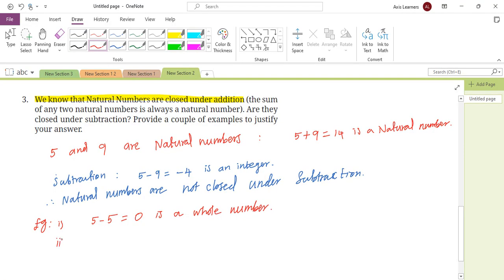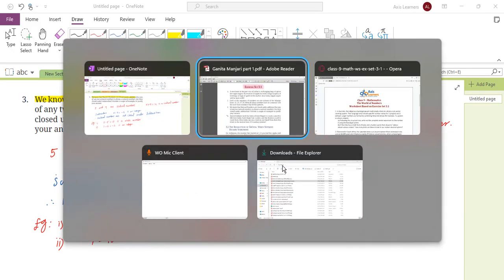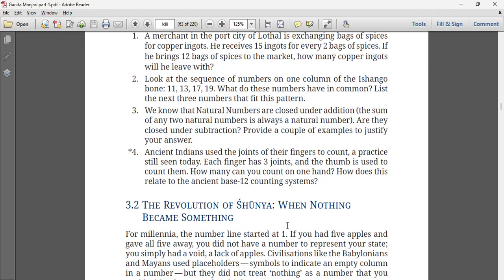For the second one, we will take a case that gives a negative answer. 7 minus 10 is equal to minus 3, which is an integer. So we have given two examples, and we gave the justification also. Okay, next one, fourth question.